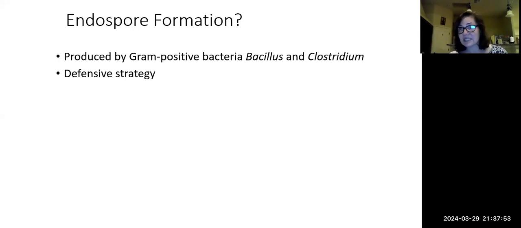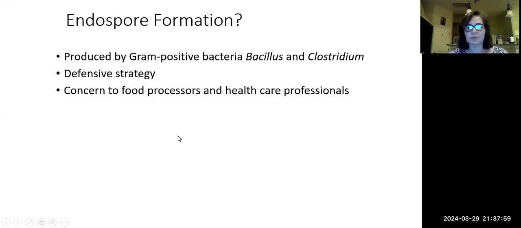And then as soon as they get into the gut, party, they can start reproducing. It's really, really hard to get rid of. So these are of concern to food processors. Commercial food kitchens have to be concerned about this because it's really hard to clean out of equipment. It's hard to clean off surfaces.